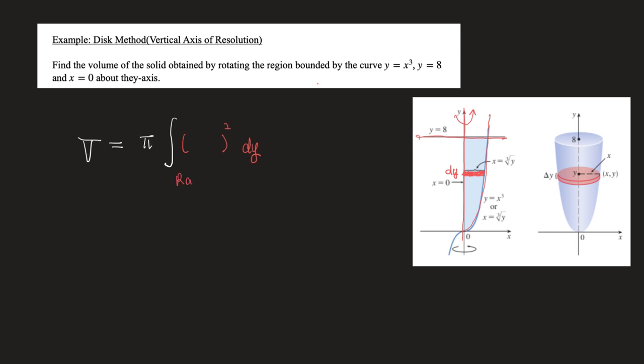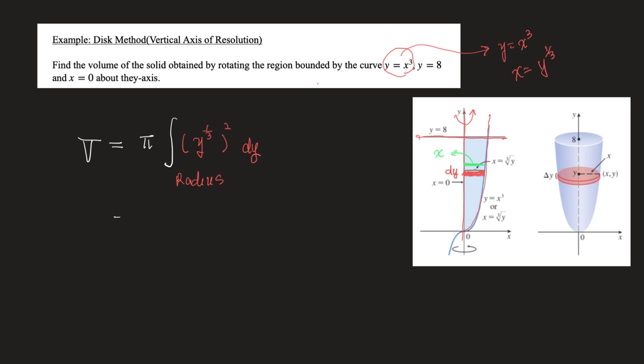We're going to find the radius. What is the radius from here to here? This one is the x value, not the y value, guys, the x value. So we have to solve for x. Since y equals x cubed, x is going to be y to the 1 over 3. So that's going to be the radius.